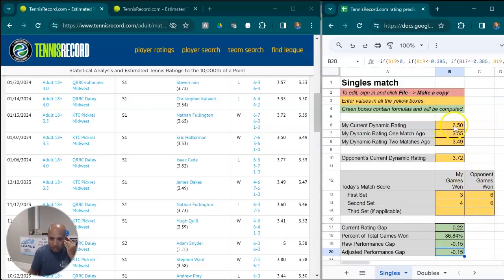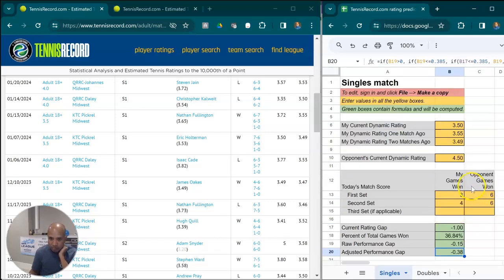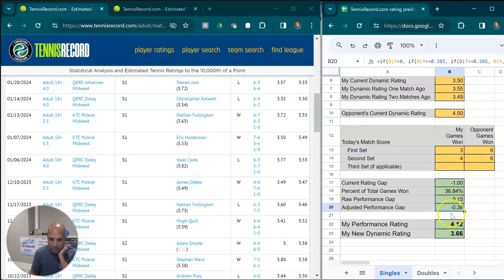But in the situation where the opponent was rated a lot higher than the player, let's make this opponent a 4.50 and see what happens. Now the lookup table still tells us, because Ajay still won 36.84% of the games, that the performance gap was minus 0.15, but there's an adjustment that needs to be made because their ratings were so far apart to begin with.